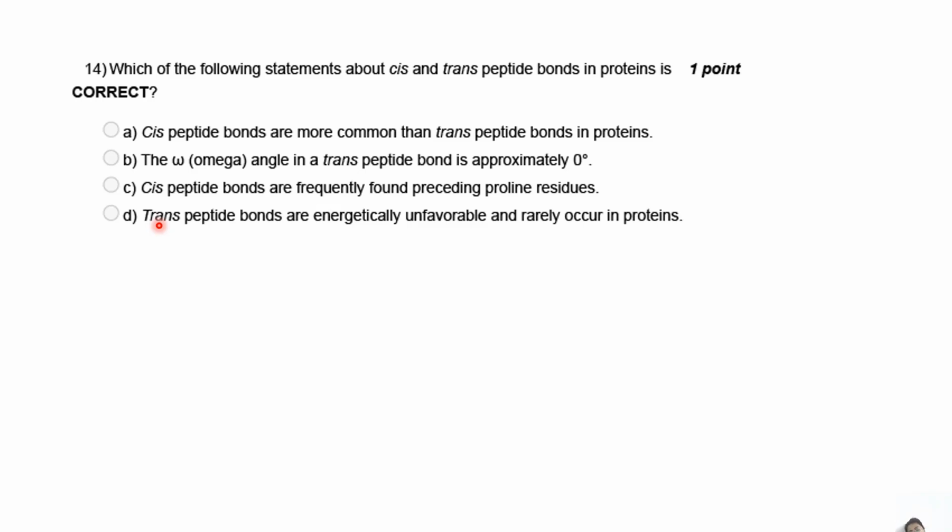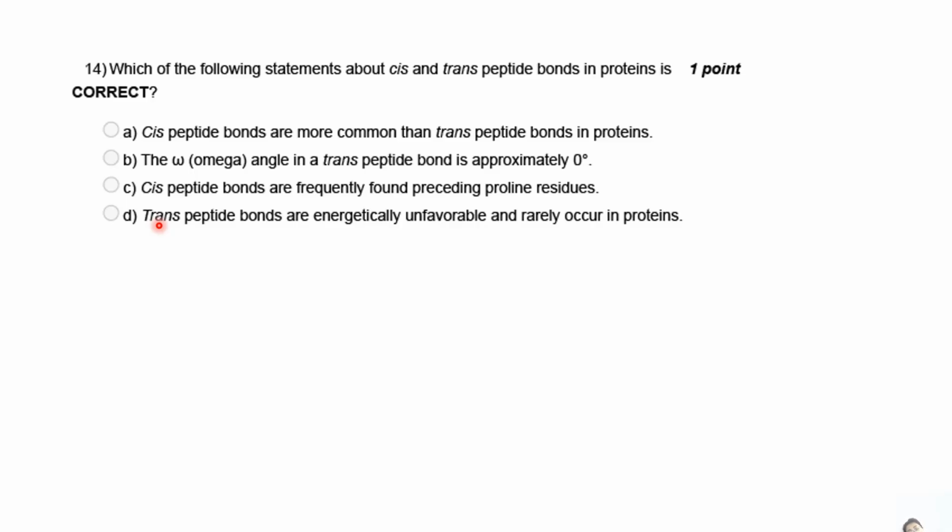Next statement, B. The omega angle in trans peptide bond is approximately 0. Also false, right? Because in the trans conformation, the omega angle is approximately 180 degrees. In the cis, omega is 0 degrees.